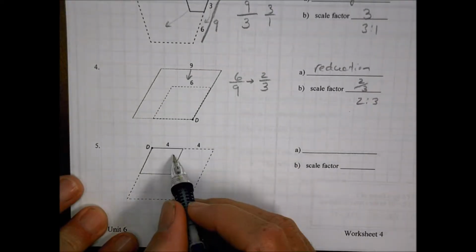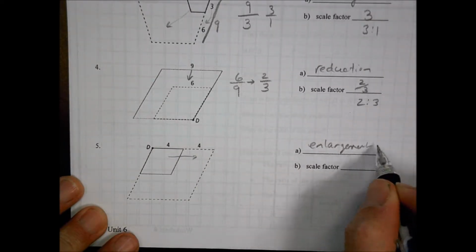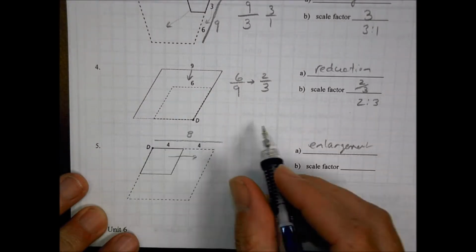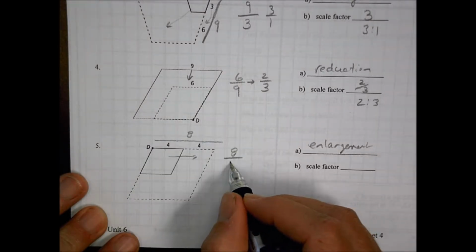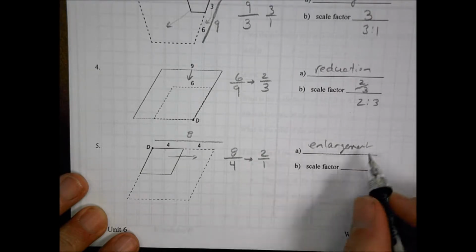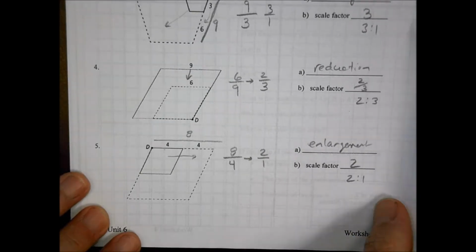All right, and finally number 5, looking here, we're going from small to big, so this is going to be an enlargement. And this is not just 4 to 4, it's actually 4 to 8, right? So our new size is 8, our original size is 4, and that was an enlargement with a scale factor of 2, or again 2 to 1.